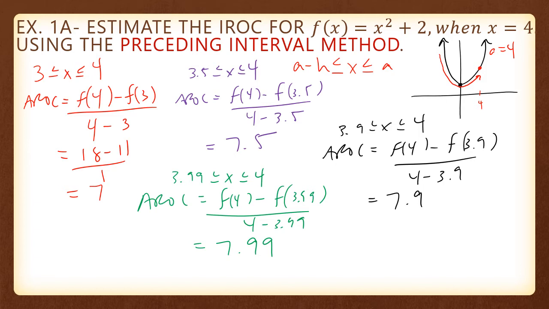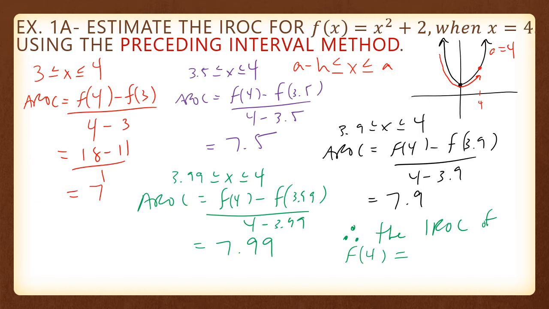At this point, we're going to be making an estimation. So what does it look like it's getting really, really close to? It looks like it's getting close to 8. So therefore, the IROC of f of 4 equals, and actually I'm not even going to write equals, I'm going to change that.